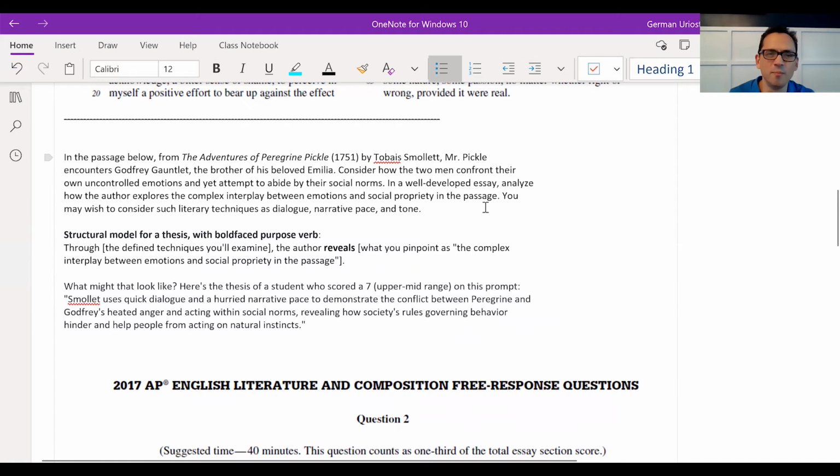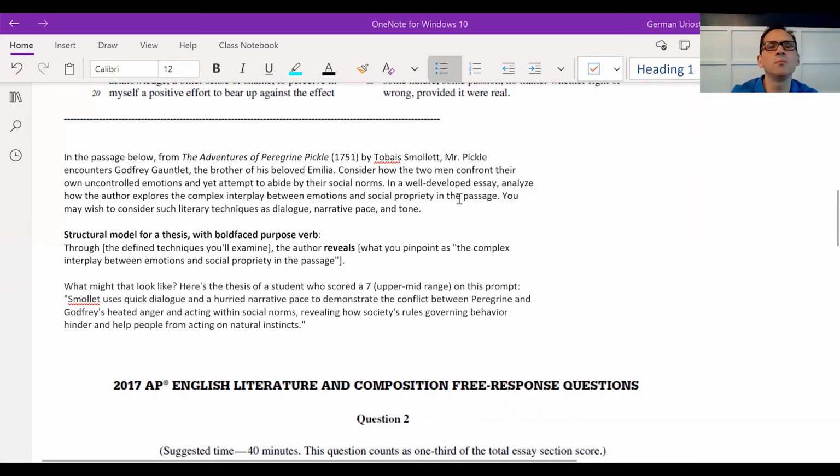Consider how the two men confront their own uncontrolled emotions and yet attempt to abide by their social norms. In a well-developed essay, analyze how the author explores the complex interplay between emotions and social propriety in the passage. You may wish to consider such literary techniques as dialogue, narrative pace, and tone, right?